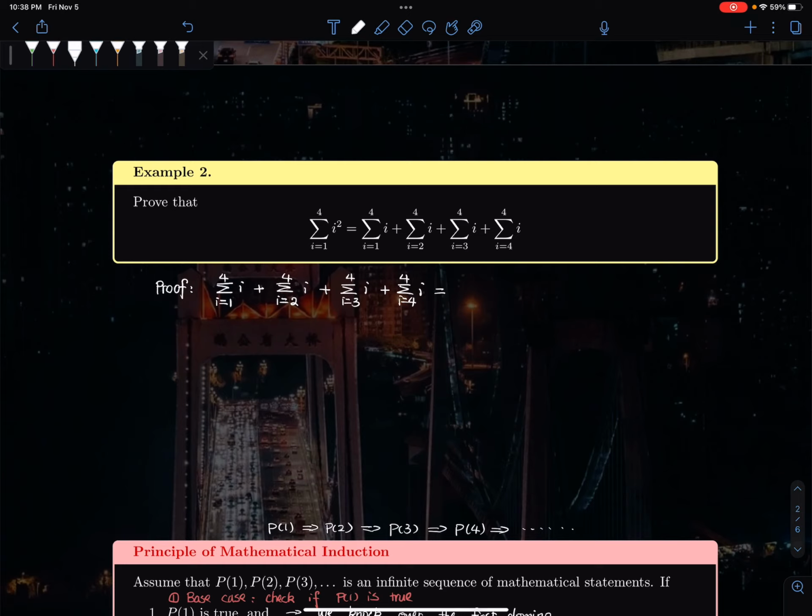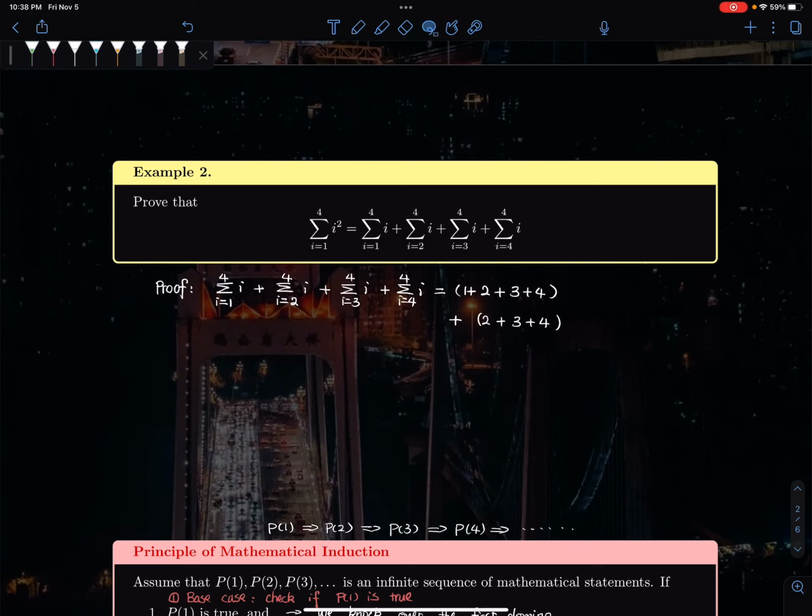The first term is 1 plus 2 plus 3 plus 4. And the second term is 2 plus 3 plus 4.